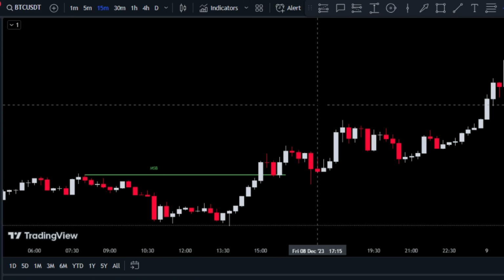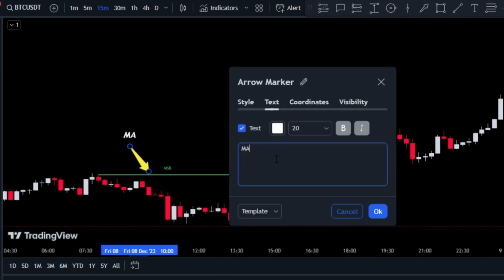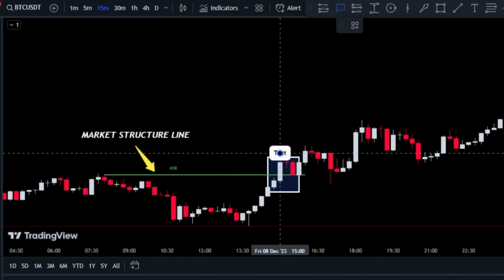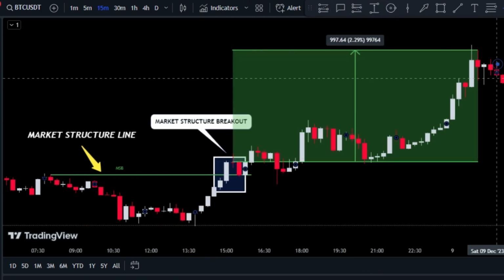This tool is designed to identify significant market structure breaks, which can signal potential trading opportunities. When the market breaks a key structure level, it often indicates a shift in the market sentiment, providing us with valuable insights.